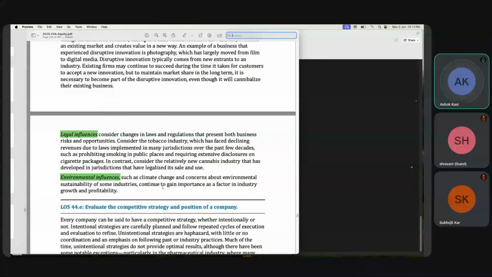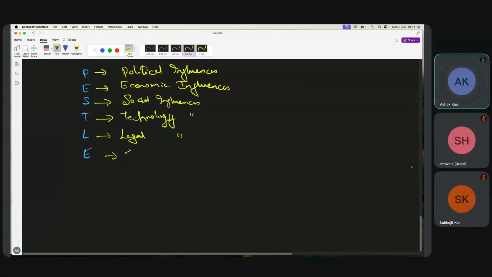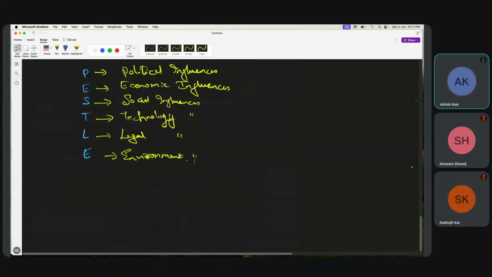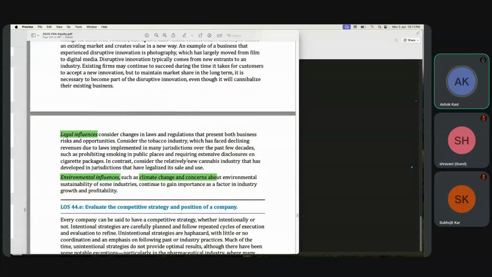Environmental influences such as climate change and concerns about environmental sustainability of some industries. Imagine climate change happens. If climate change happens, will this company be able to survive or not? So environmental influences, this is another way to check a company.